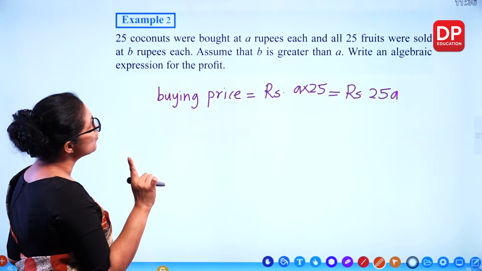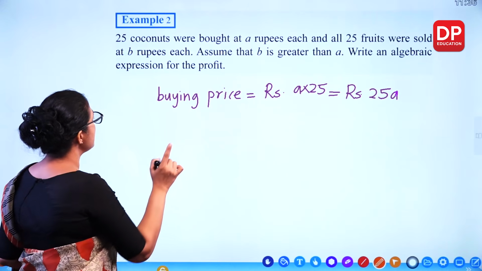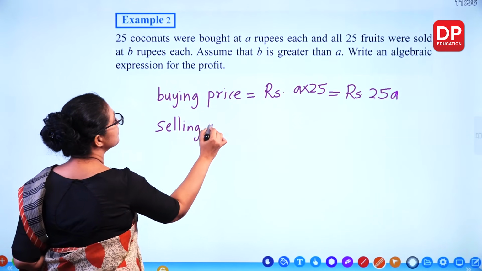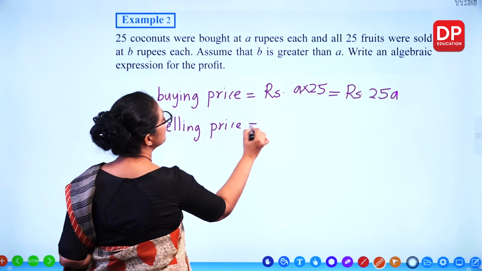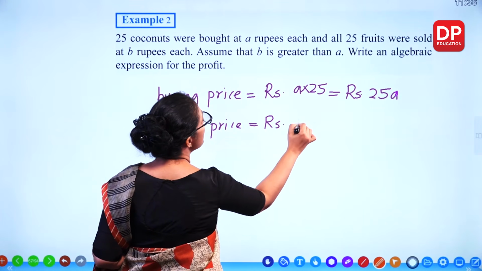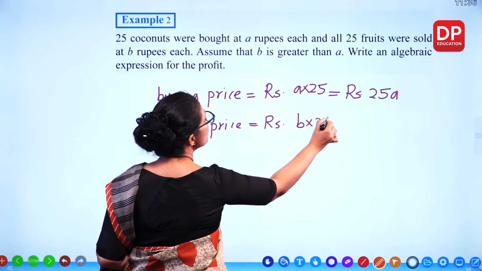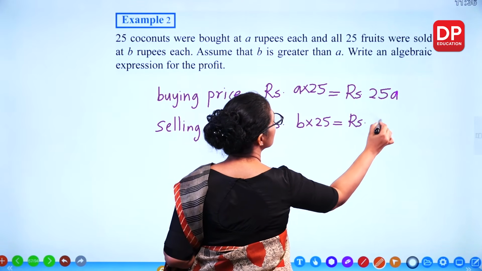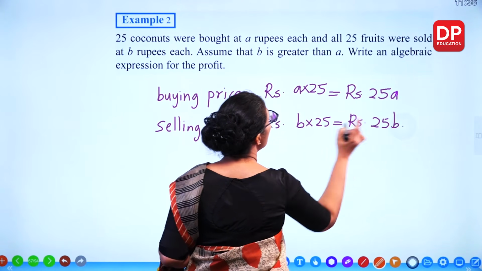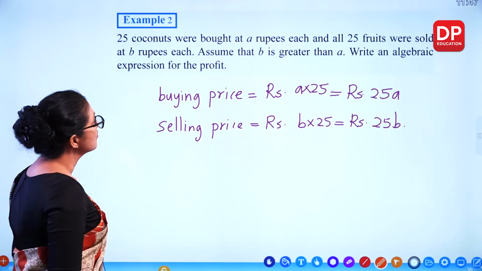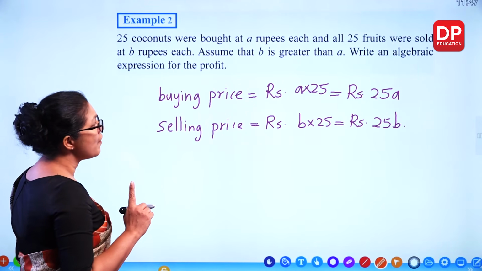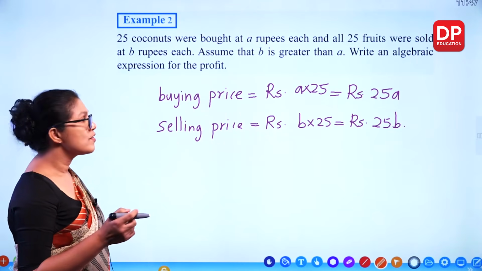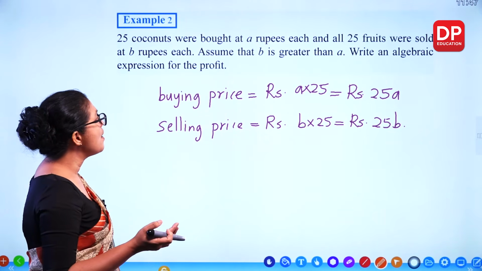And 25 fruits were sold at B rupees each. Selling price: so one is B rupees and this is 25B. Now we know B is greater than A. So how do we find out the profit? We know that B is greater than A, so the selling price is more than the buying price.